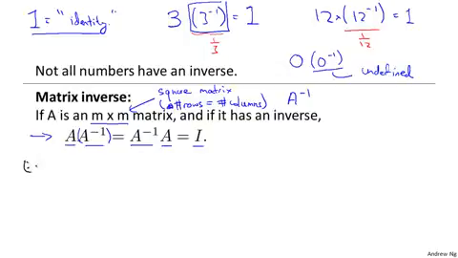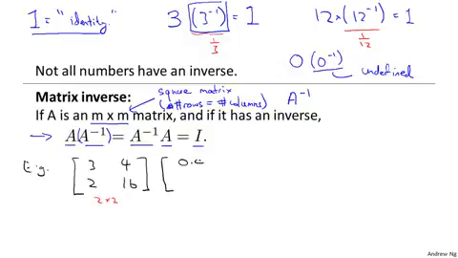Let's look at a concrete example. Let's say I have the matrix 3, 4, 2, 16. This is a 2 by 2 matrix, so it's a square matrix, and so this matrix could have an inverse. And it turns out that I happen to know the inverse of this matrix is 0.4, minus 0.1, minus 0.05, 0.075.